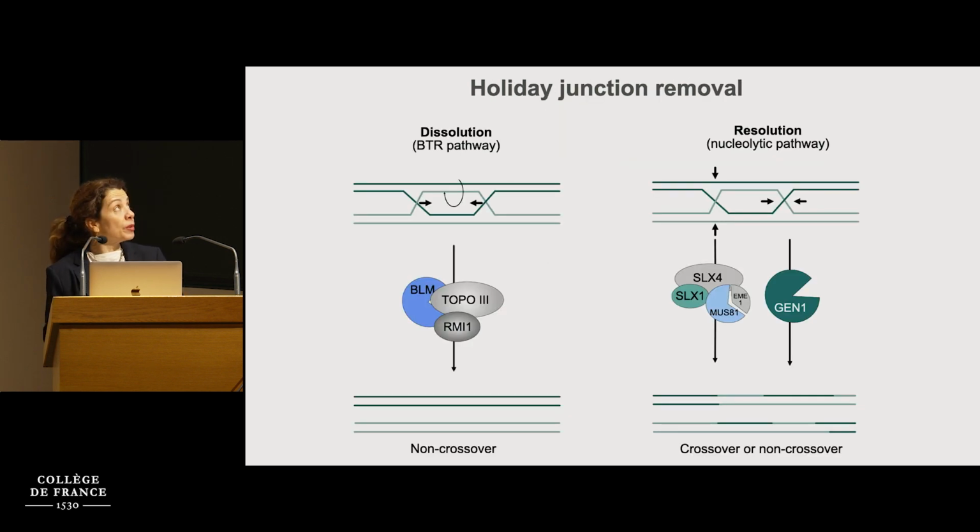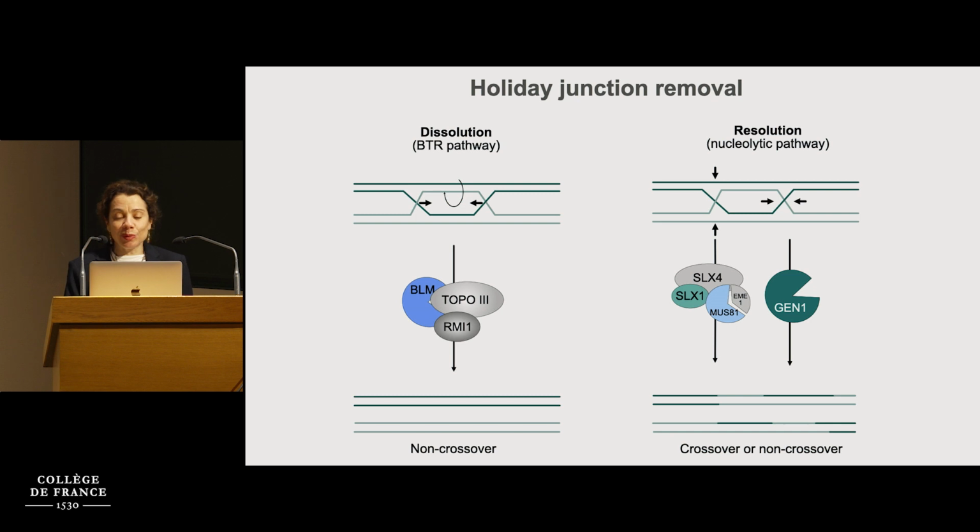They can either use a BTR pathway, mainly using the BLM helicase, or a mix of a scaffold with other subunits on nucleases, SLX4, SLX1, and finally Gen1.